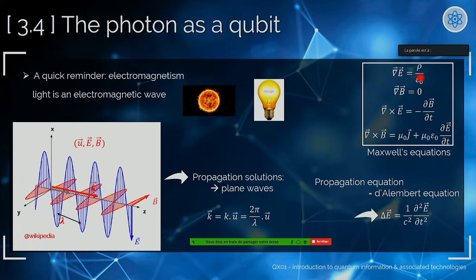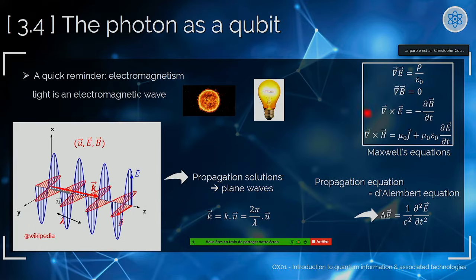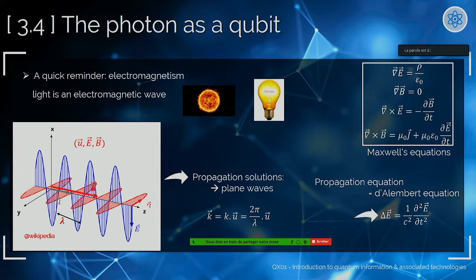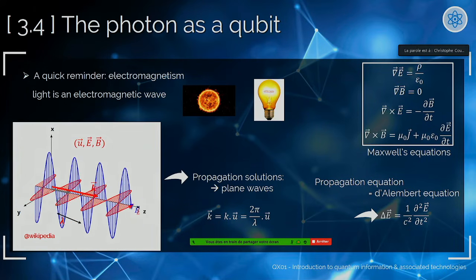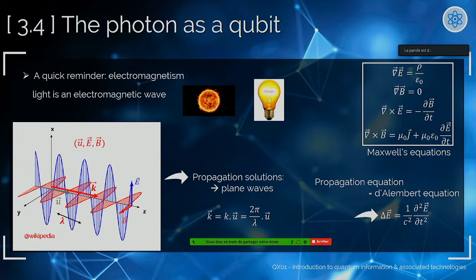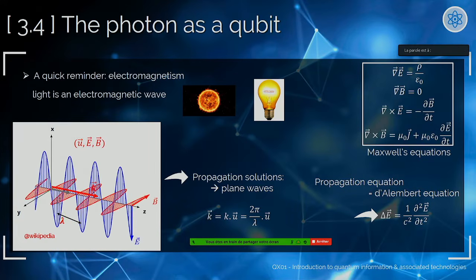In vacuum, in space, you can show that these Maxwell's equations can be written like so, in a so-called propagation equation, which is a standard equation in wave physics, actually. And this propagation equation is for the electric field.